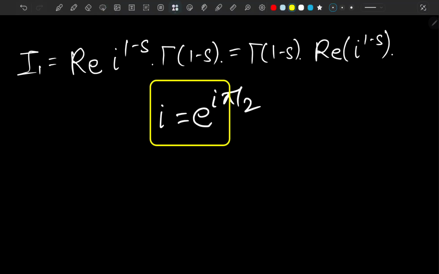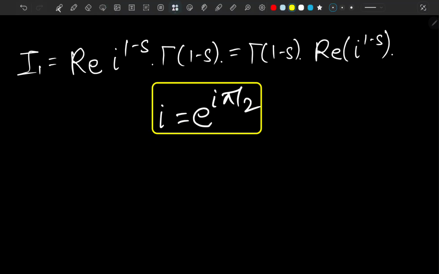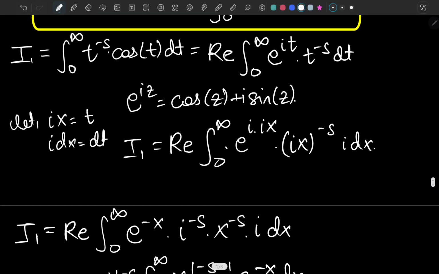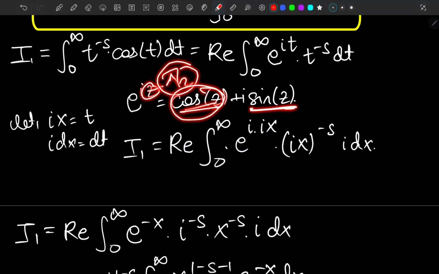Basically, when you plug z equals pi over 2 into this equation, cosine of pi over 2 is 0 and sine of pi over 2 is 1, so that's going to give us e to the i pi over 2 is i, right?